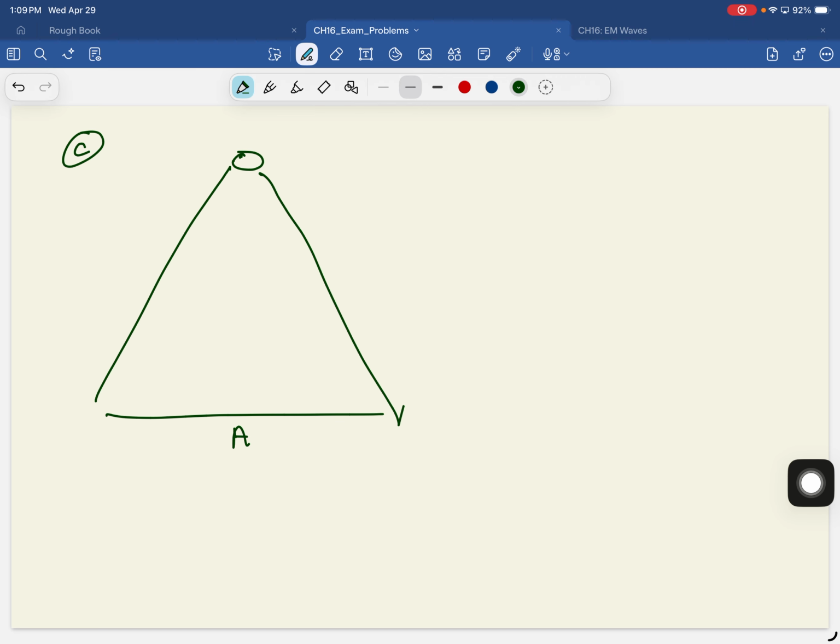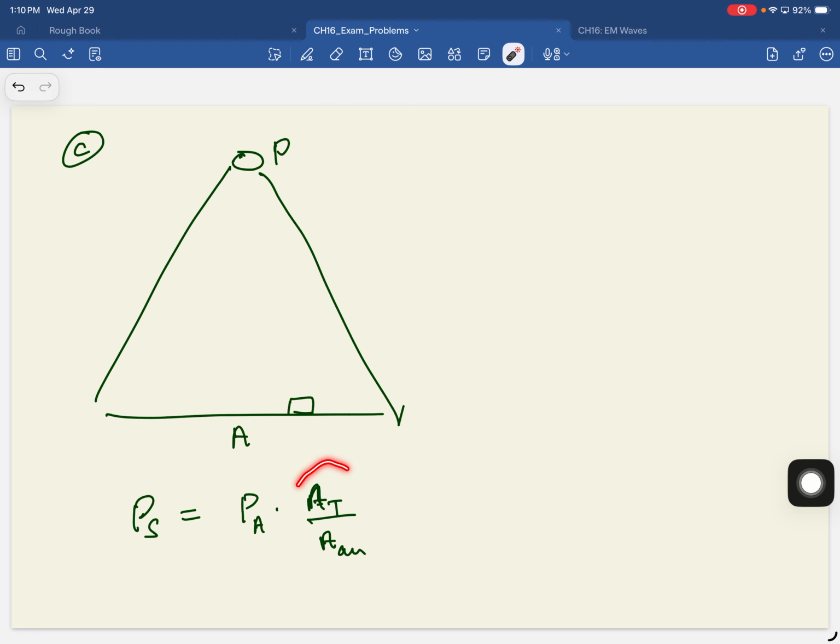The power radiated by the satellite is the power received by the antenna times the total area divided by the area of the antenna. This tells you how many antennas there are. So the power received by each antenna times the number of antennas gives you the power radiated by the satellite.